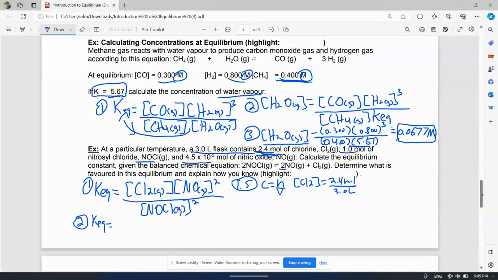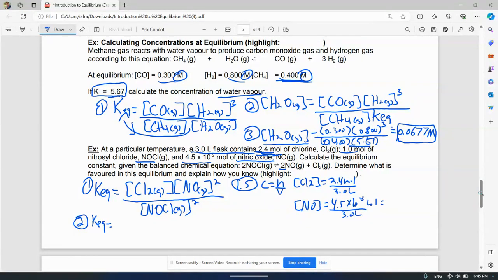If you want to find the concentration of nitric oxide, you do your 4.5 times 10 to the power of negative 3 divided by 3.0 liters.